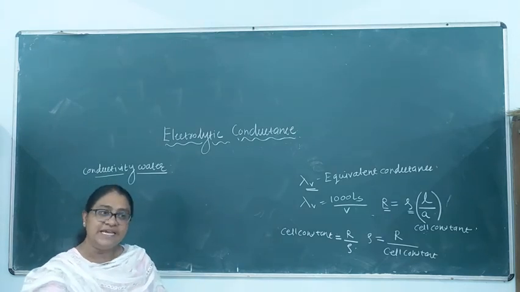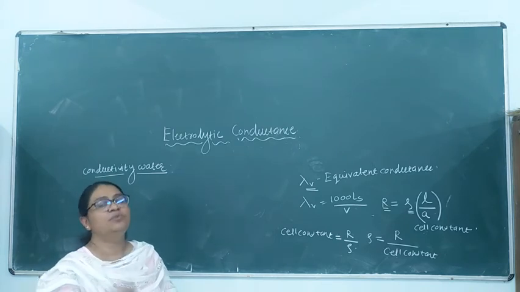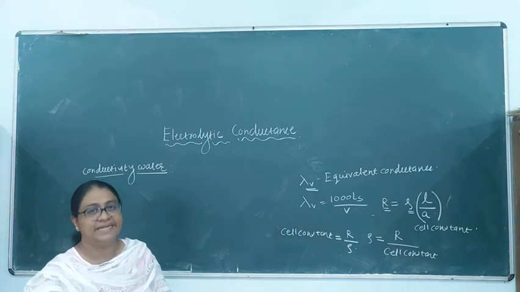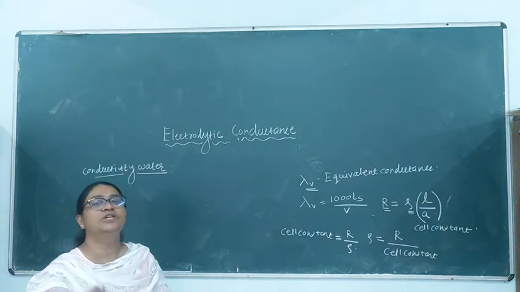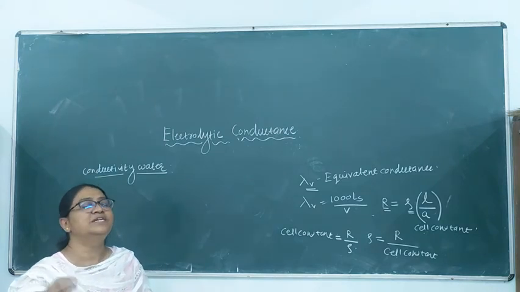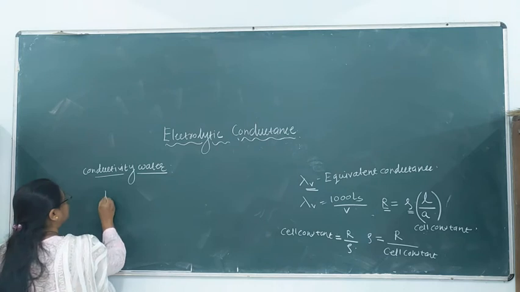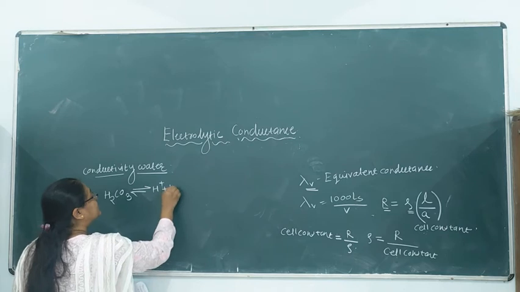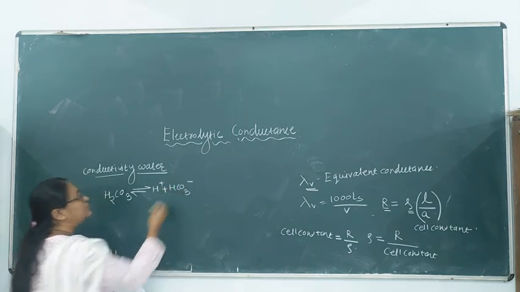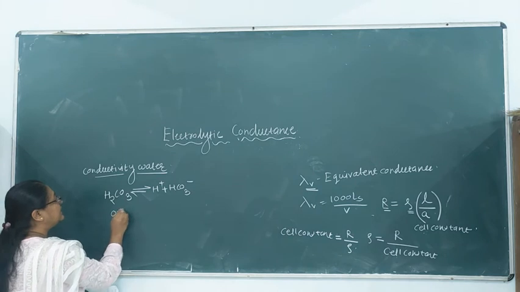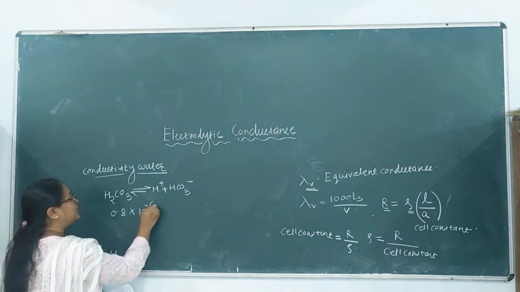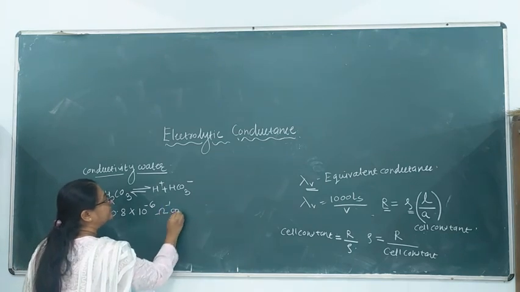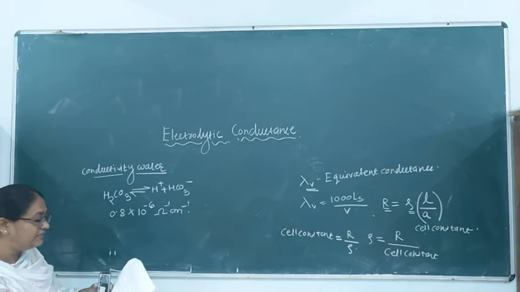That means the distilled water is distilled again, and in that distilled water a very small amount of potassium permanganate solution is added in a hard glass tube, and the solution is distilled. Now the water contains carbonic acid, that is H2CO3, which dissociates very quickly as H plus and HCO3 minus. And due to these present ions, water shows a very little conductivity, a specific conductivity of 0.8 into 10 to the power minus 6 per ohm per centimeter. So this is the conductivity water.